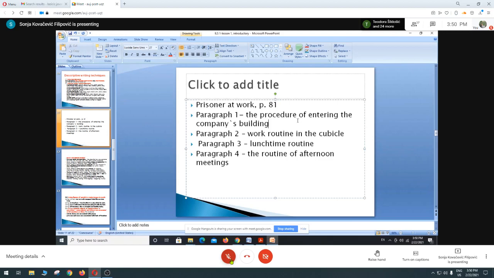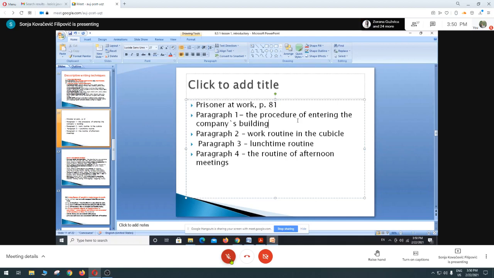Going past the guard, entering the lobby, walking down the frigid hallway with the sign saying authorized personnel only. My 10-digit number must be punched in correctly for the door to open, and so on. So the whole procedure is really described, and this is what the paragraph is about.